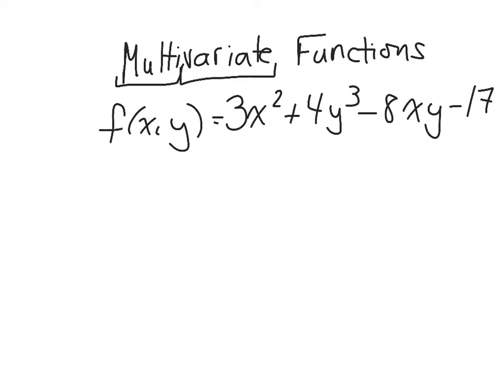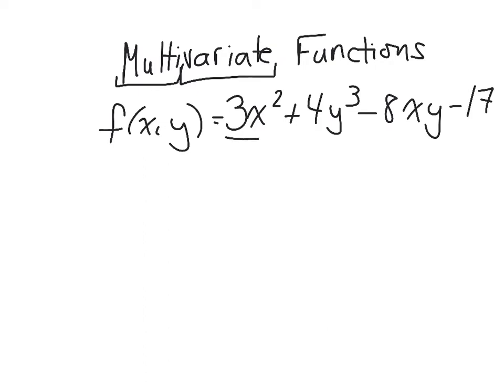So we have two variables, and we're able to find the derivative of this function just as we did with single variable functions. So our first step was always to look at the function and identify how many terms and what kind of terms, and then we can refer to the rules for taking derivatives that we know.